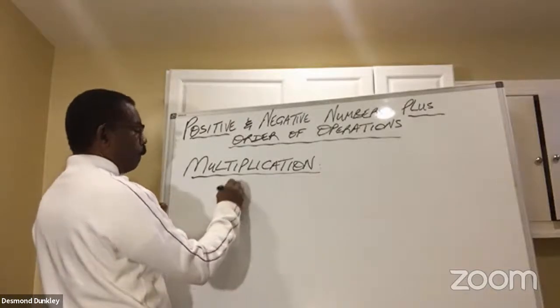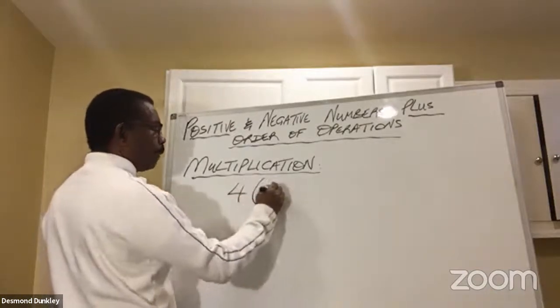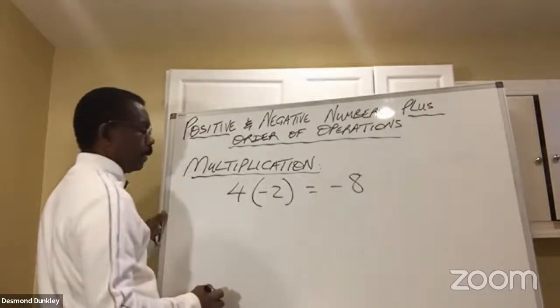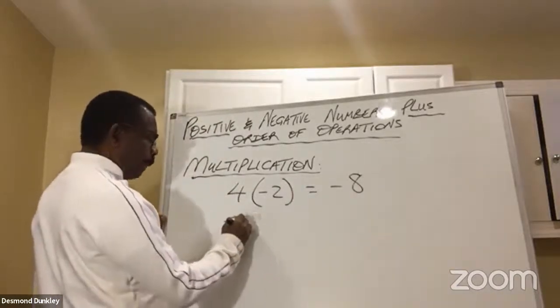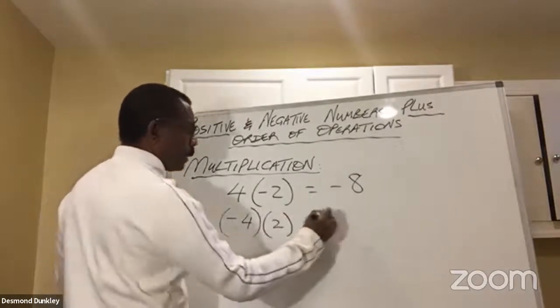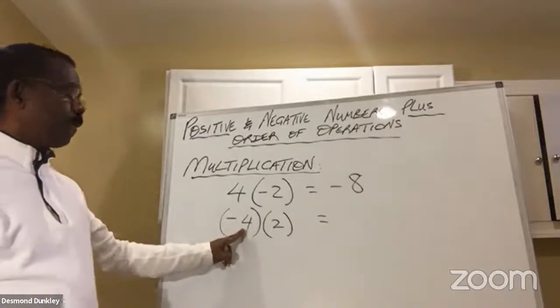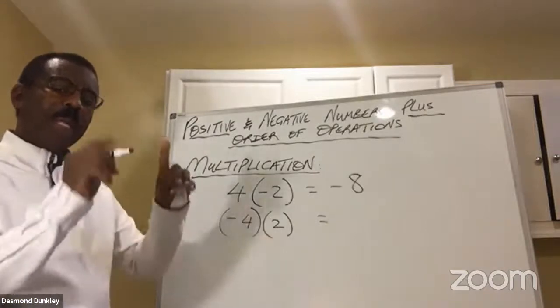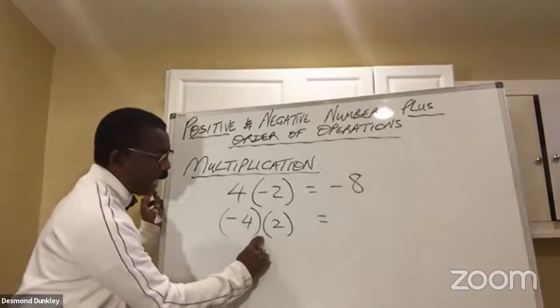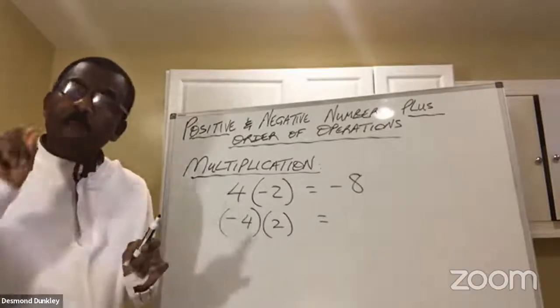So 4 times negative 2 is equal to negative 8. Negative 4 times 2 is equal to, so we're multiplying negative 4 times 2. By the way, whenever you have two sets of parentheses and there's no sign between them, it means that we are multiplying.